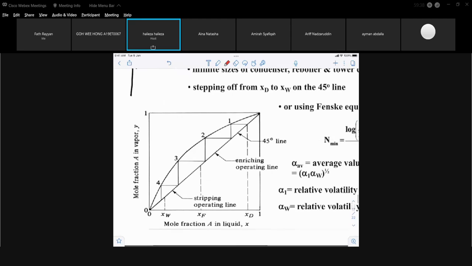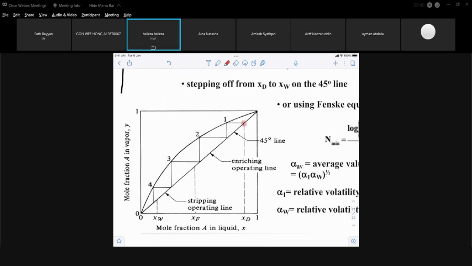You start from the 45-degree line at the composition of XD. That is your first starting point, and you do the stages until you reach XW. In this case, the number of minimum stages for this diagram is about 3.8 stages.